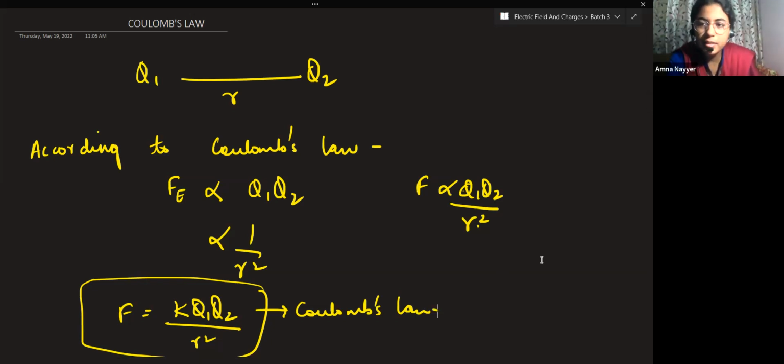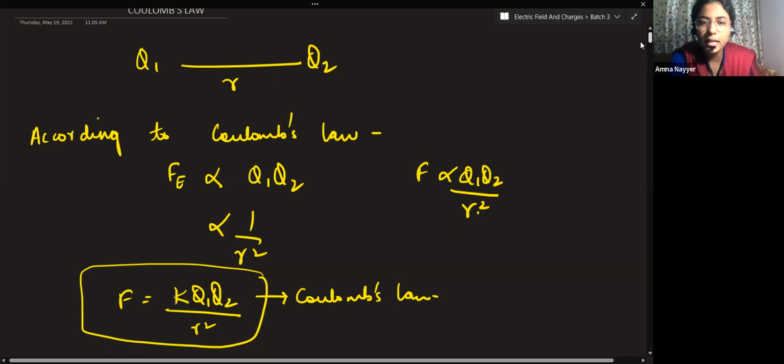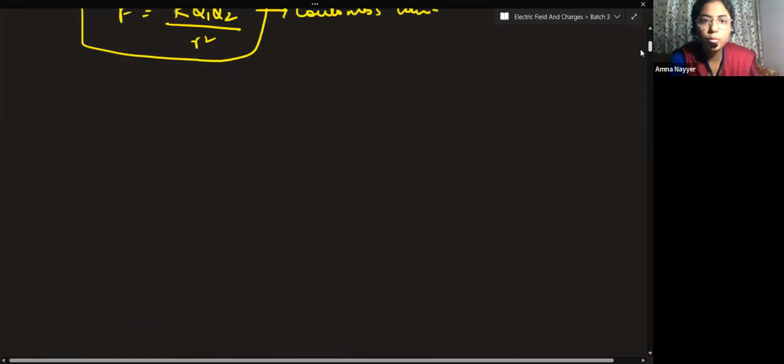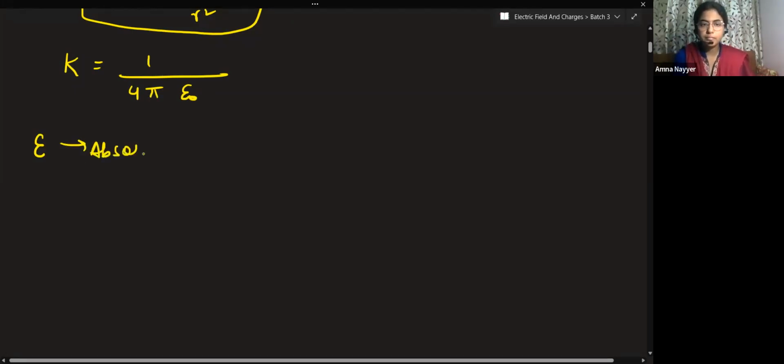Now, let us emphasize what this constant K that I have written is. Before moving on to the properties, you should understand what K is. K is 1 over 4 pi epsilon naught. 4 and pi are already constant numbers. Whenever epsilon is written, it means absolute permittivity.